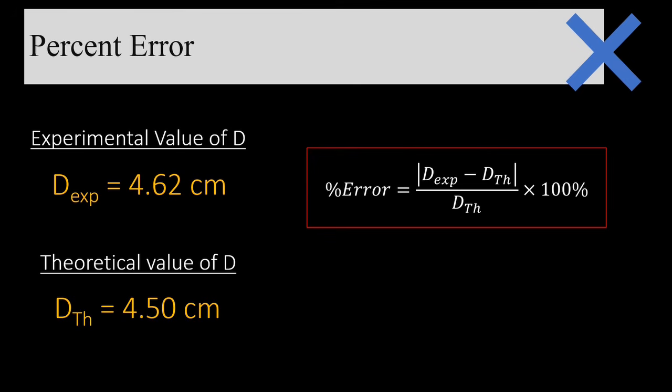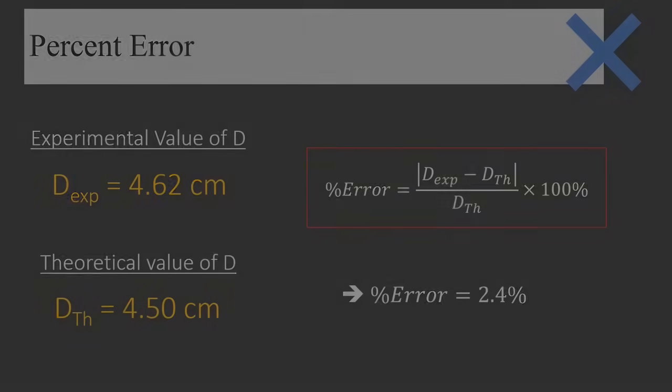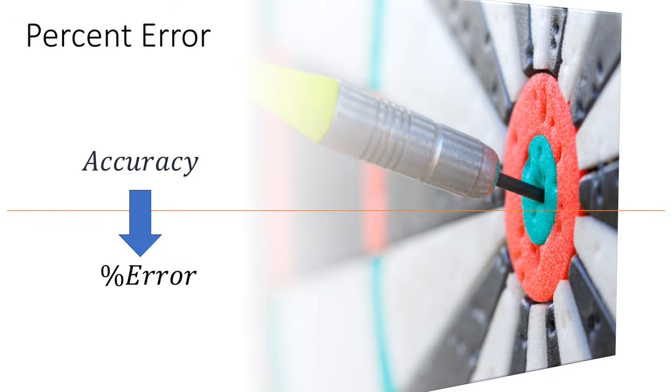And if you use your calculator, you'll find that it is 2.4%. Now the percent error is a measure of something called the accuracy. Now the accuracy is how close you are to the theoretical value or to the actual value.